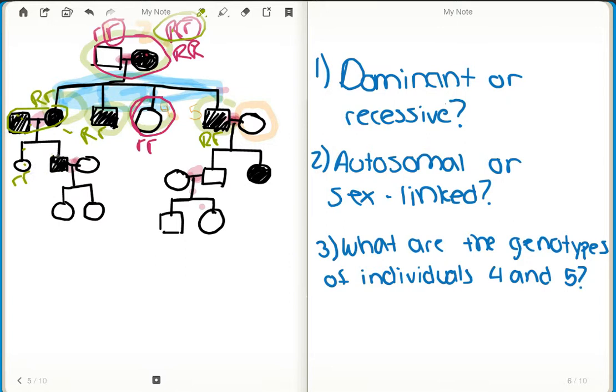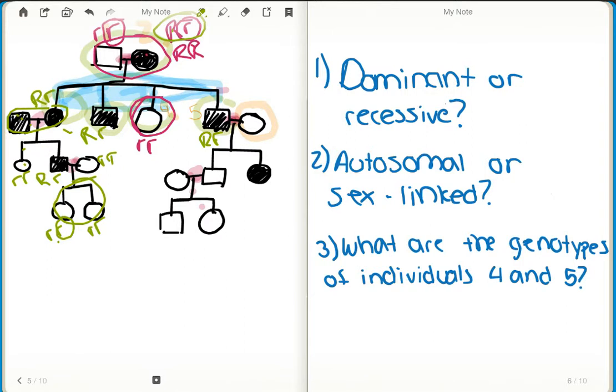And they also have a phenotypically dominant child. But we cannot tell what this child is, because, yes, we can. We can tell what this child is because of their children. If these two children are homozygous recessive, then this parent is also homozygous recessive, then this parent must have given them a recessive allele, which means that they are dominant as well.